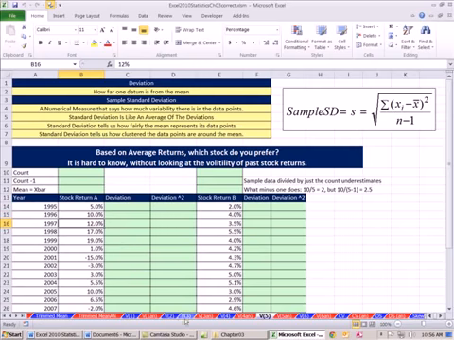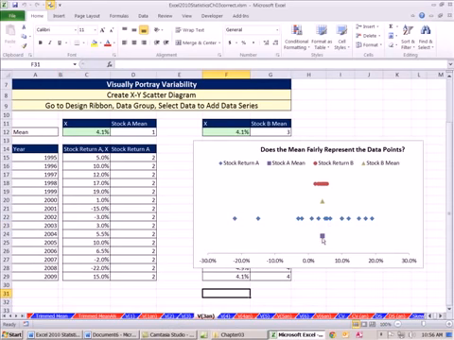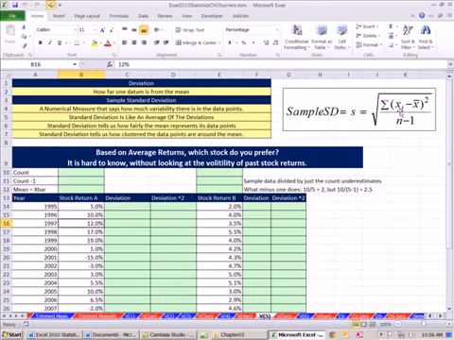Remember, visually, it's the distance between each particular value and the mean. So up here, that's what that is, deviations, and you have to calculate all of them.